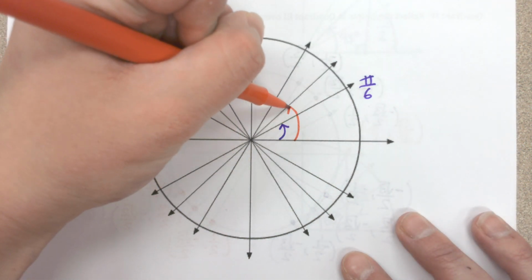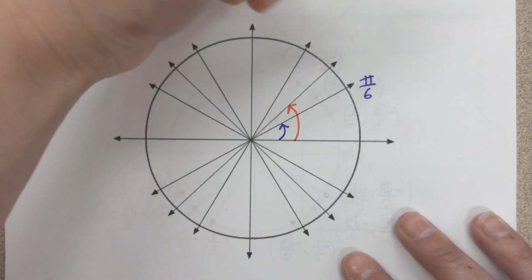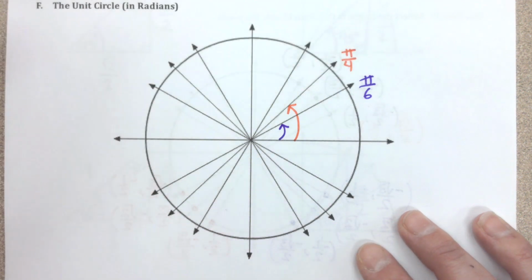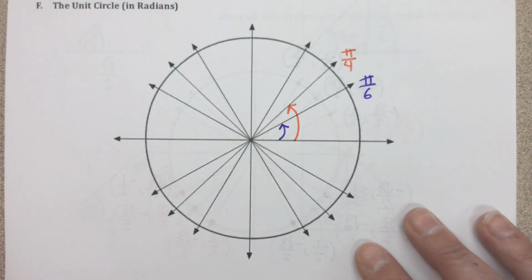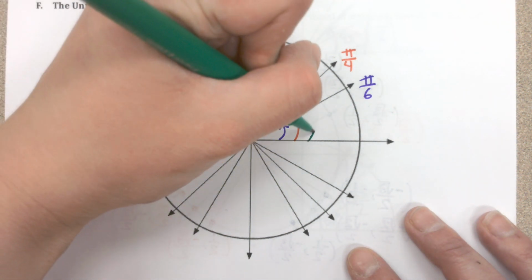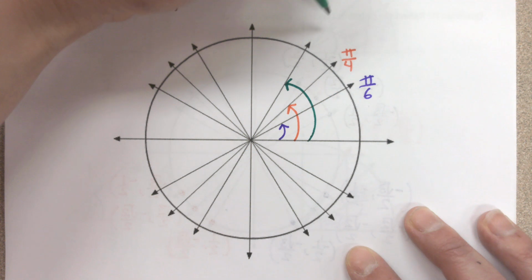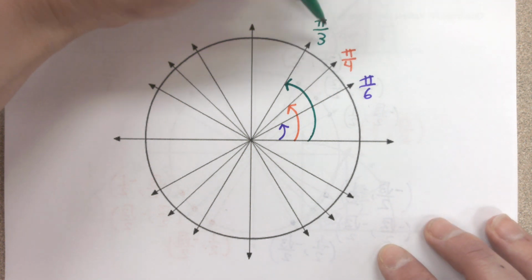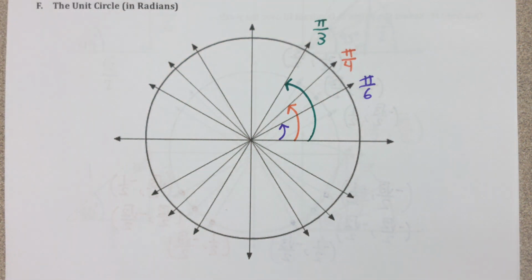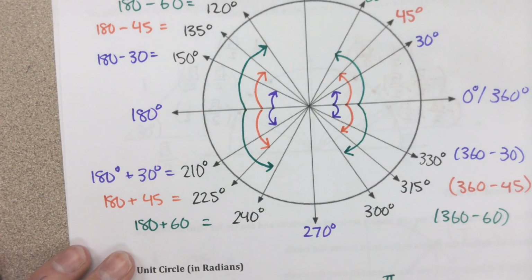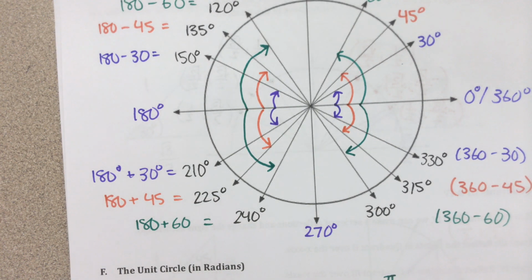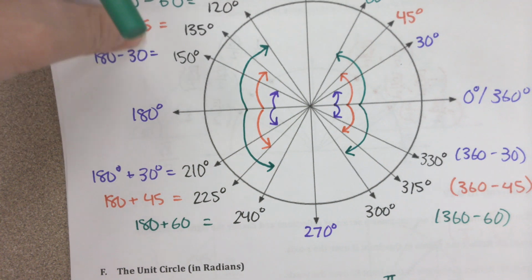To the second line, that's 45 degrees, which is pi over 4. And to the third line, that's 60 degrees, which is pi over 3. So I'm going to repeat all of these calculations in the other 3 quadrants except completely in radians.